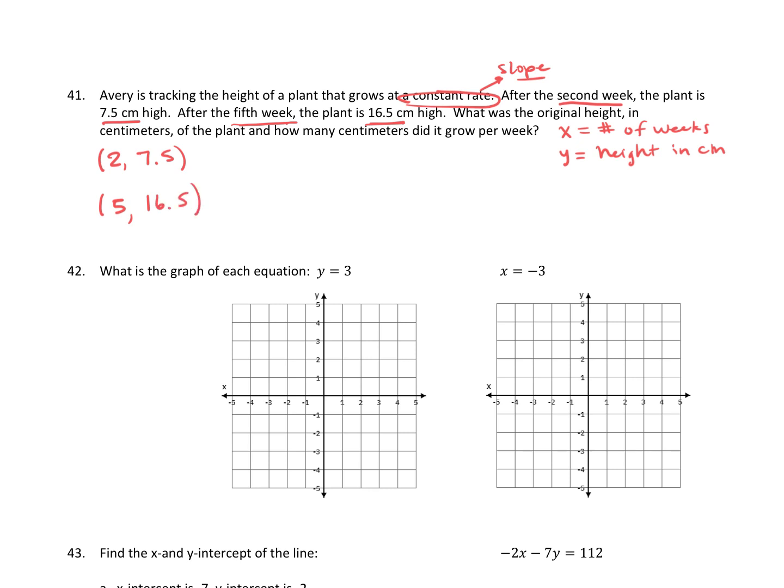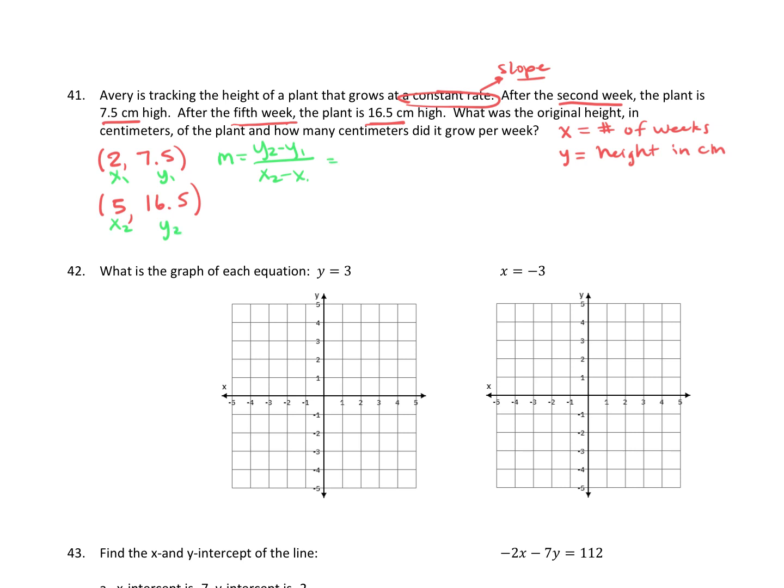So what we're going to do is write an equation for this. We're going to want our slope and our y-intercept. Once we have that, it will be easier for us to answer these questions. So slope formula, y2 minus y1 over x2 minus x1. Here's our x1, y1, x2, y2.